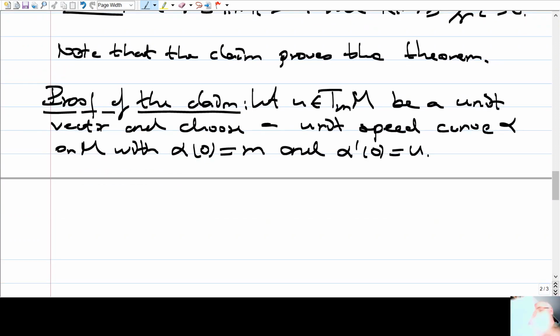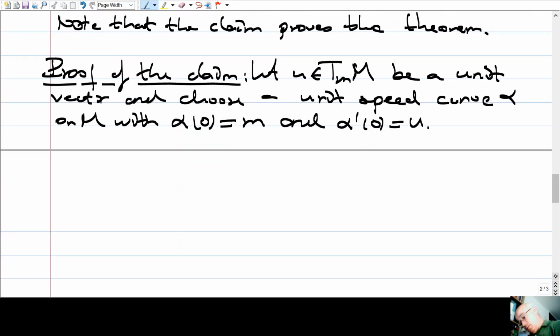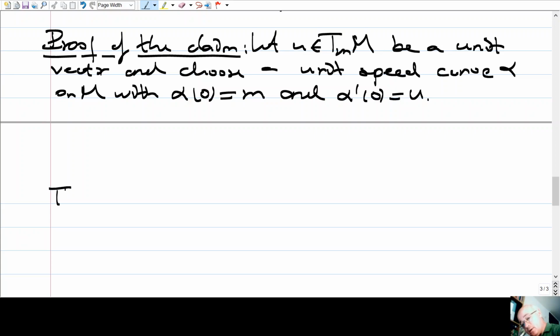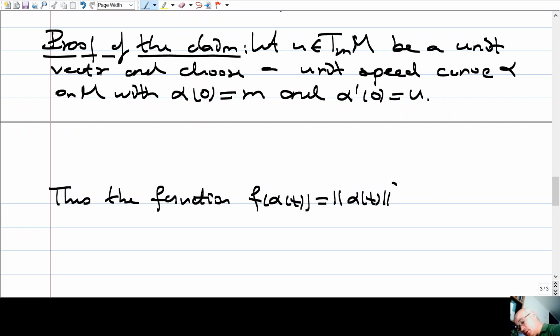Well, let's see how things go. Thus, the function f of alpha t, remember, norm alpha t squared, has its maximum at t equals 0.